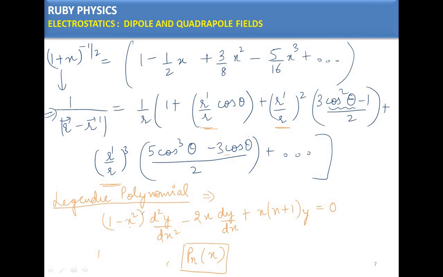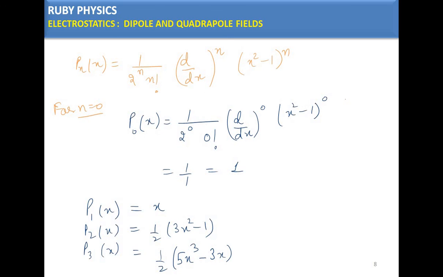Okay, in this you can see r dash by r cos theta, this 3 cos square theta. So instead of x here cos theta is there, okay. So here x is equal to cos theta, okay. Then you can write p naught cos theta, okay, and p naught cos theta is 1.